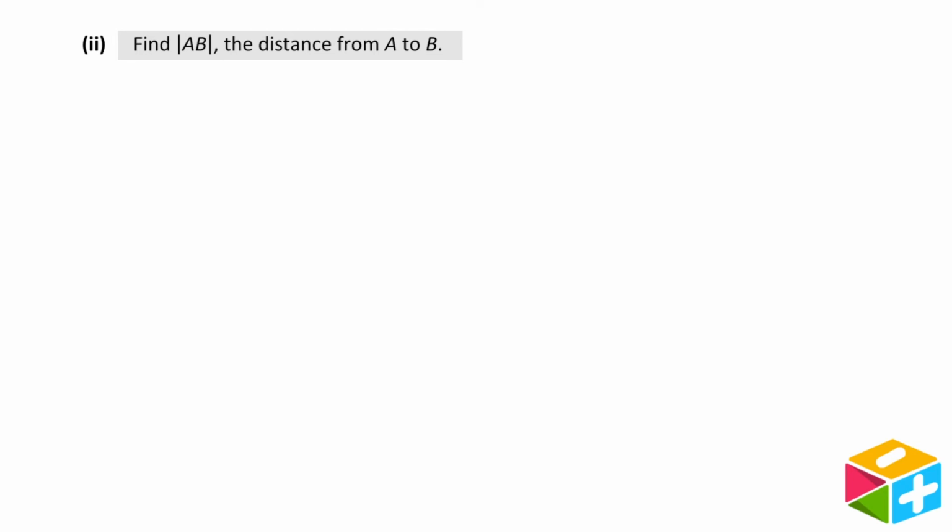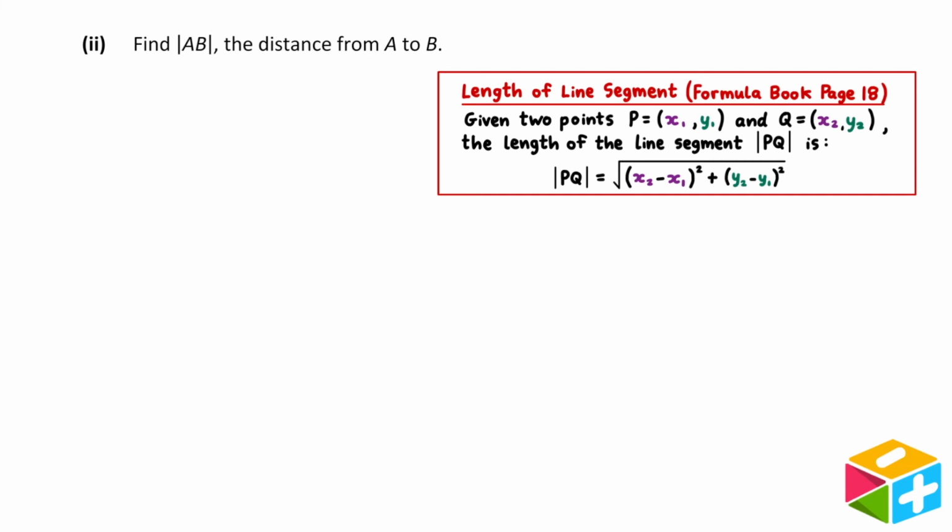Part II. Find the length of the line segment AB. In other words, the distance from A to B. There's a formula on page 18 of the formula book which allows us to find the length of line segments.